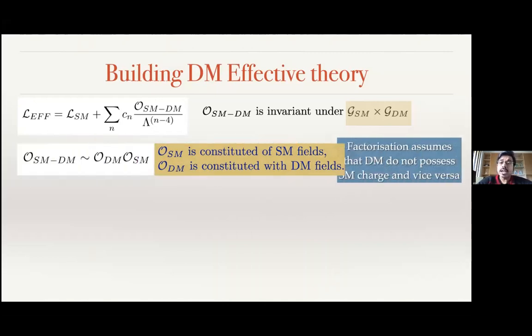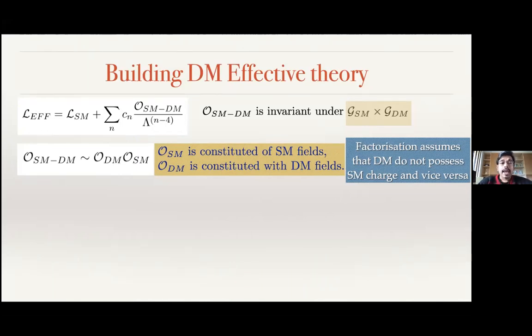And this crucially depends on one fact, that we assume that the dark matter does not possess any standard model charge, and similarly the standard model doesn't have any dark matter charge, if you have to write O_SMDM in the fashion O_DM times O_SM as we are doing.